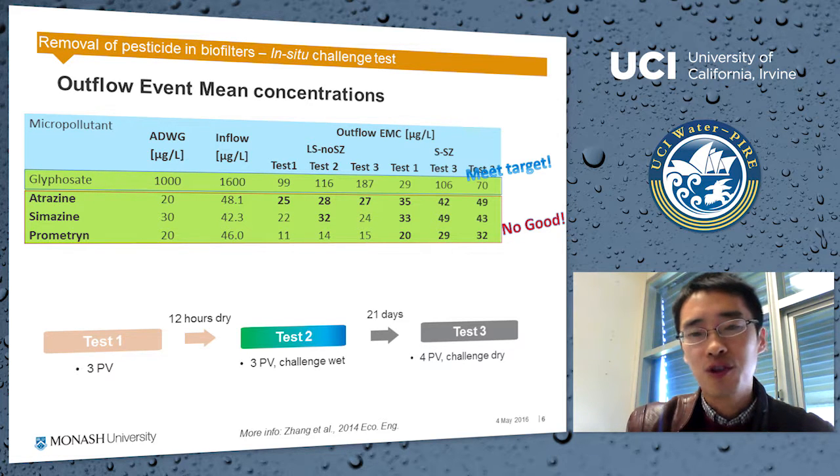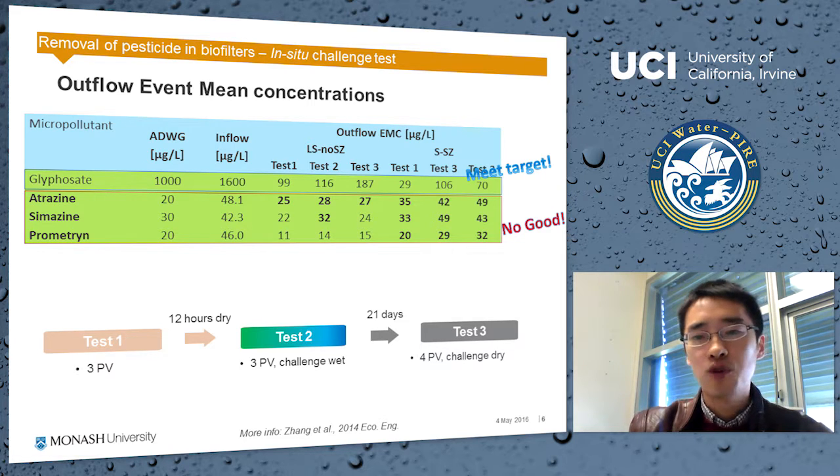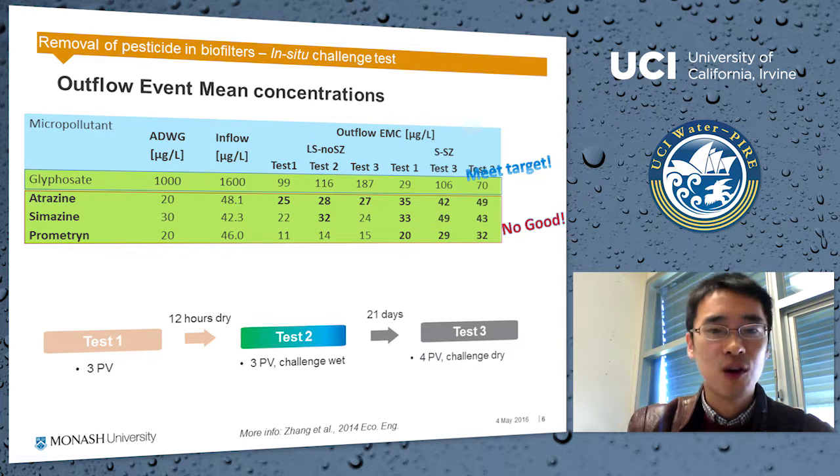The reduction could be more than 90%. However, for the triazines, atrazine and simazine, and prometon, the removal by stormwater biofilters wasn't very good, and the outflow EMC concentrations almost reached the inflow concentration.